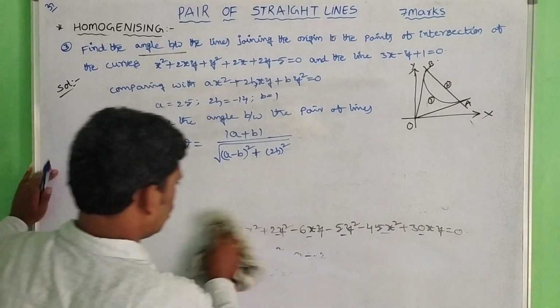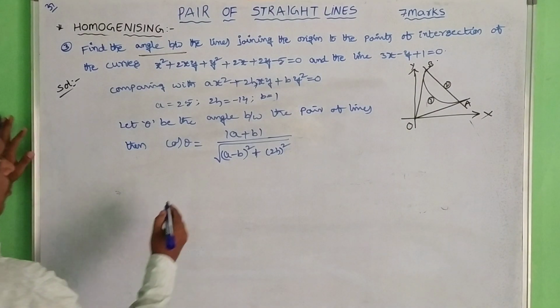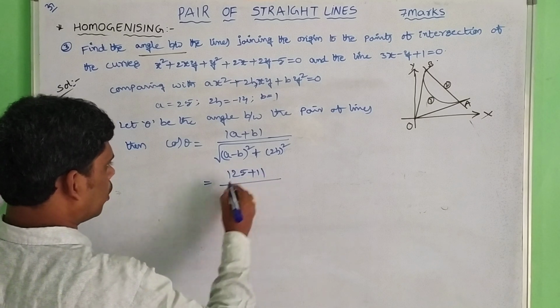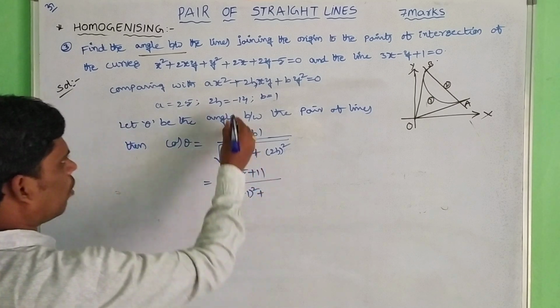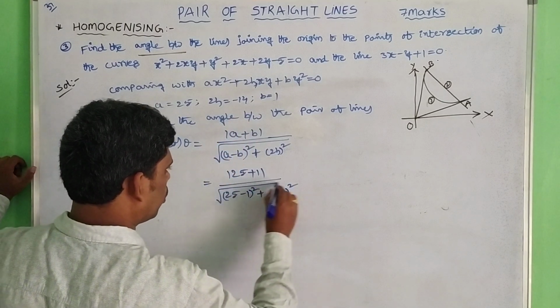The value of a is 25 and the value of b is 1, so it is 25 plus 1 by root over (25 minus 1) whole square plus (minus 14) whole square.